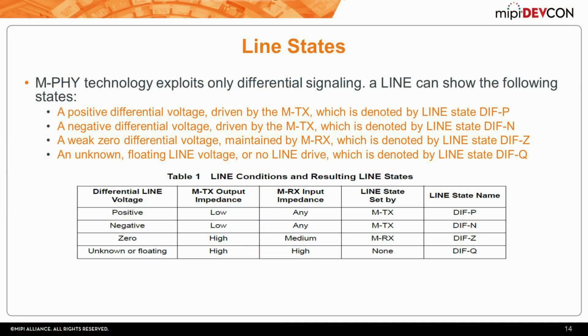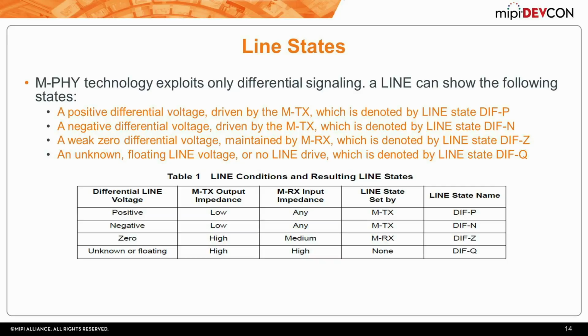There are different line states, and this is the fundamental part of how M-PHY does power savings, as it is fundamentally built as a low power interface. And these line states, we call them, I keep pushing the forward instead of the pointer. Here we go. So we have what we call Diff-P, which is a positive differential voltage.